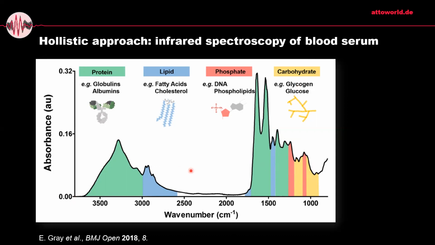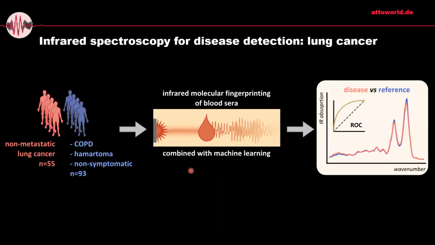So what we did in our group, we collected blood of real people who have lung cancer. So this is the disease that we work with, it's lung cancer. And people who do not have lung cancer, but have related diseases. So they have difficulties breathing, or also non-symptomatic individuals, or healthy, simply put.